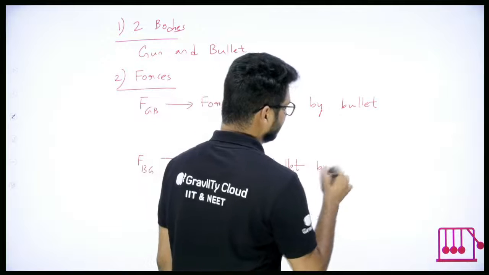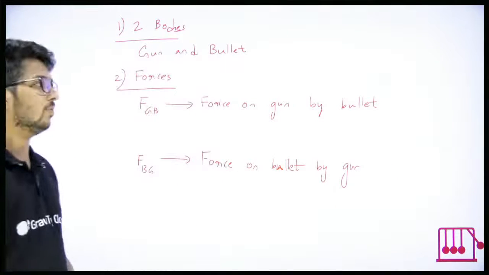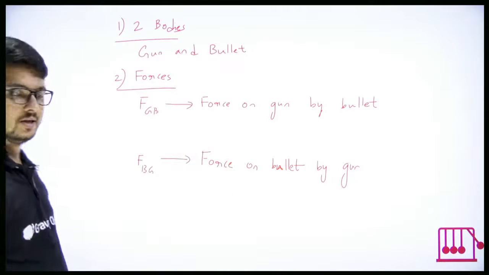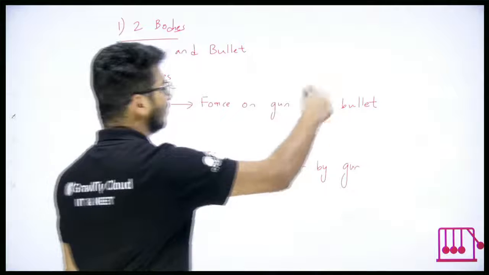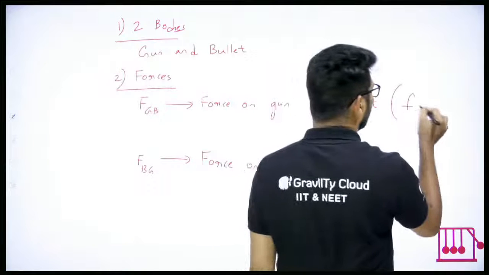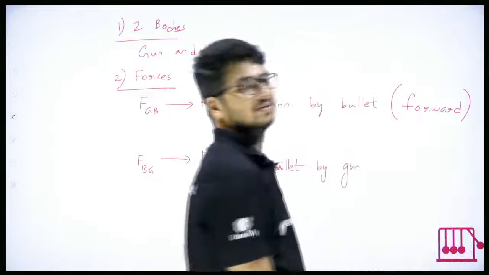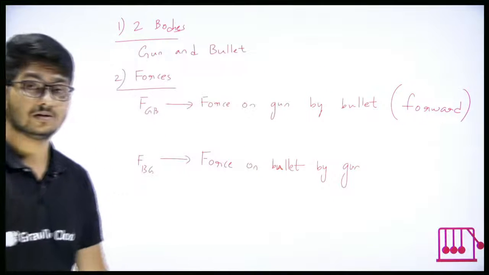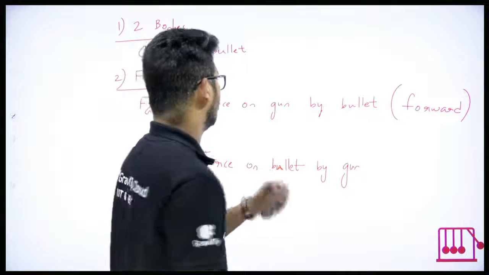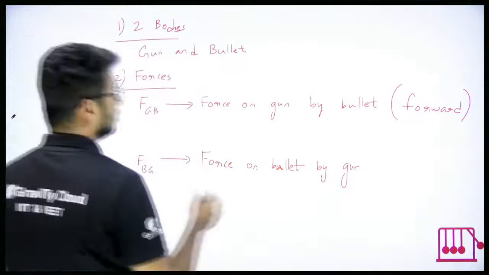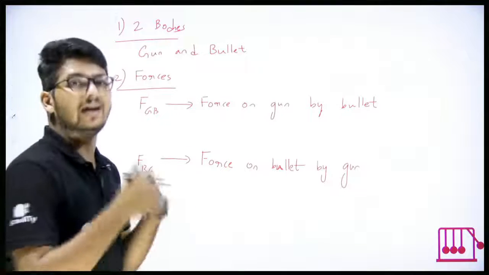Now understand this. How does the gun move? The bullet goes forward. Force on gun by bullet is in which direction? Sorry, my mistake. Force on the bullet is forward.